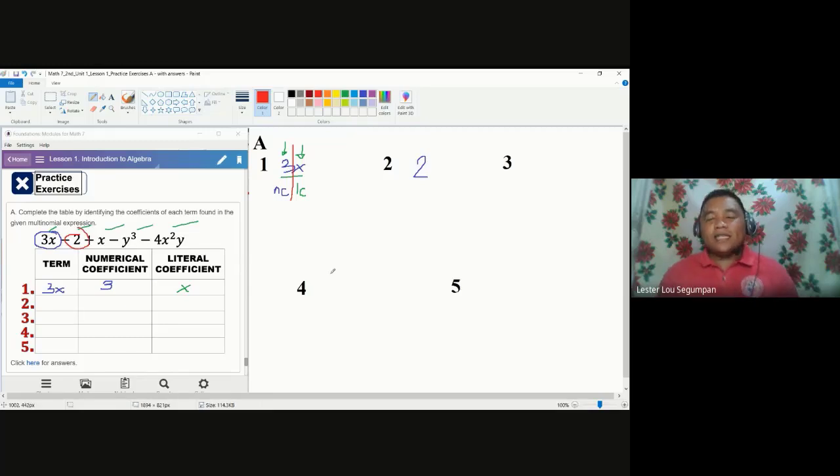Now, it is very important for us to be reminded that in the given polynomial, it is read as 3x minus 2, for the first two terms. Now, when we say minus 2, we are taking away 2 out from whatever the value of 3x is.